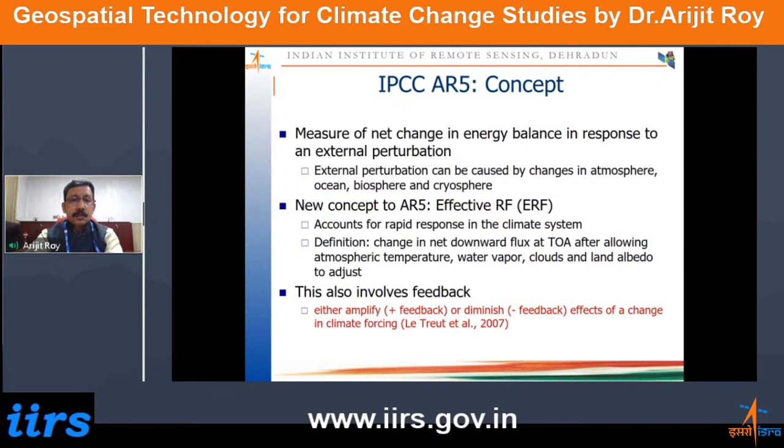And these are identified by the changes in the net effective radiative forcing, which accounts for the rapid response in the climate system. And what we basically mean by the effective radiative forcing is the change in the net downward flux of the solar energy or the energy at the top of the atmosphere after allowing the atmospheric temperature, water vapor, clouds, and the land albedo to adjust.